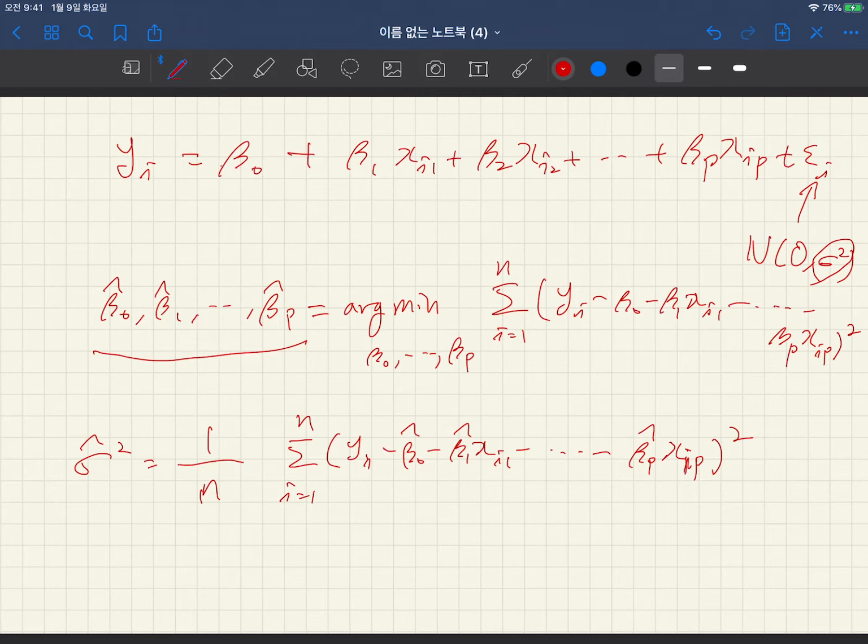But again, the training process to obtain beta 0 hat to beta p hat uses p plus 1 degrees of freedom.